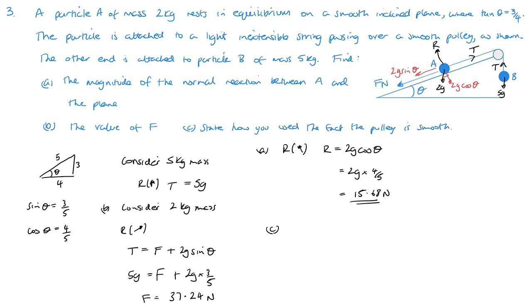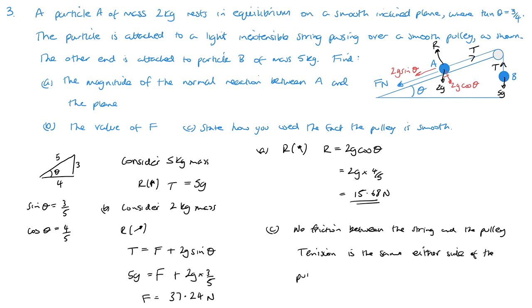So C is: state how you use the fact that the pulley is smooth. The pulley being smooth means no friction between the string and the pulley, and it means that the tension is the same either side of the pulley.